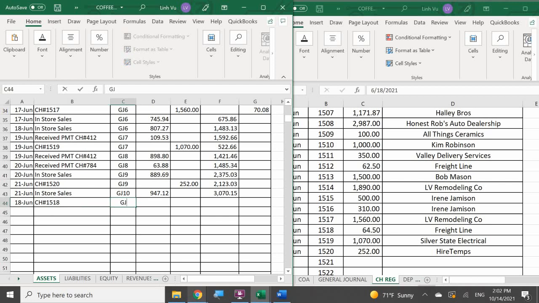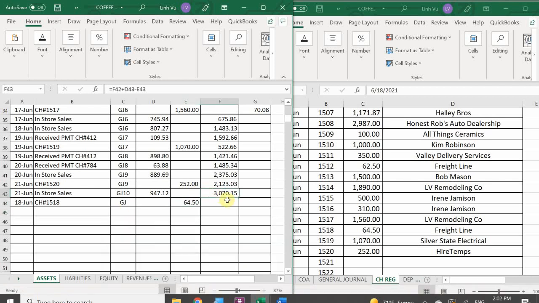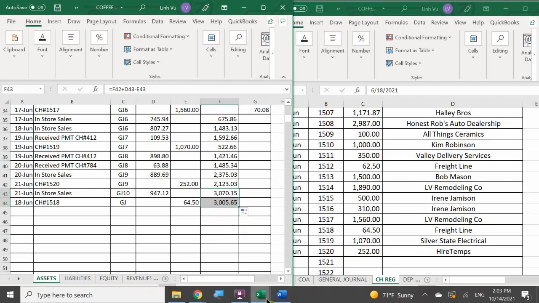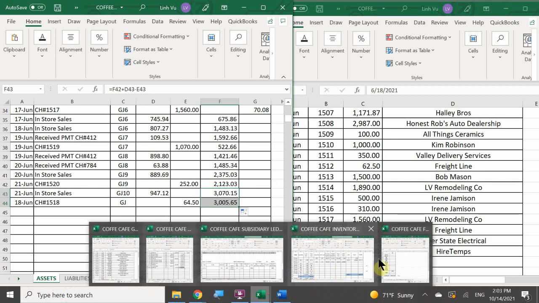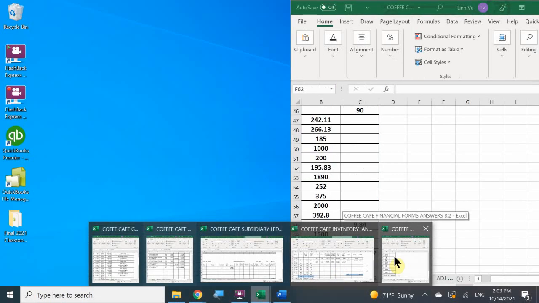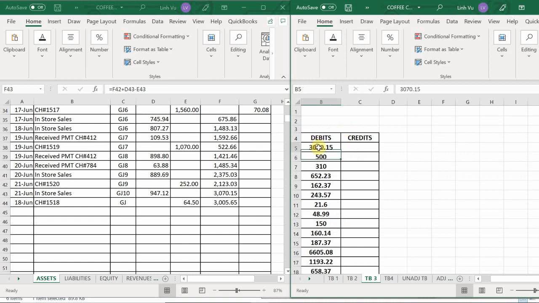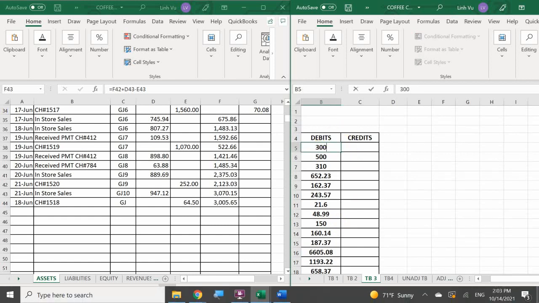I don't know where it is, but we're going to have to look it up somehow. But we wrote a check out for 1540. So therefore, my checking should be for $3,565. Okay, so let's plug that into my ledger account. Here, my checking for 3,000.